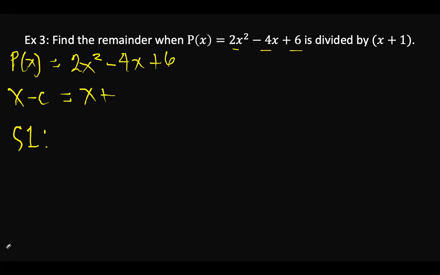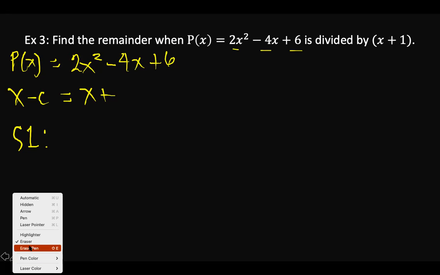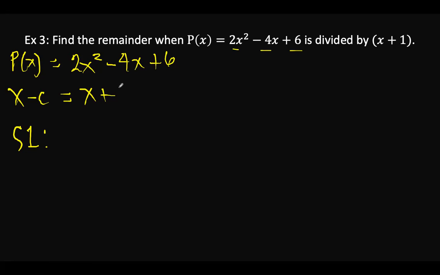All right, let me change it to 1. Okay, so ang gagawin natin, step number 1, equate natin yung x plus 1 into 0 to solve for x. So x is equal to negative 1, right? By transposition. We transpose 1 to combine 1 to 0, and it becomes negative 1. So therefore, our x is equal to negative 1.